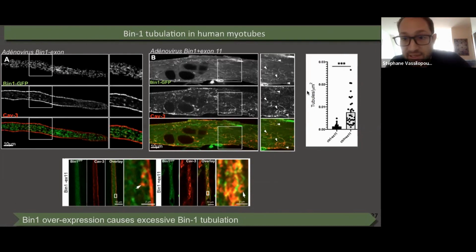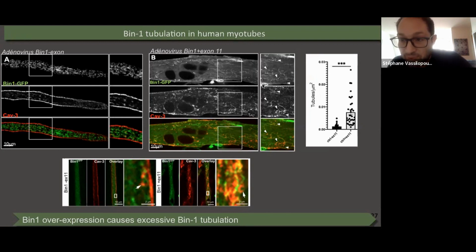And what you see here, and what we quantified later, is that the overexpression of amphiphysin 2 Bin1 without exon 11 is not forming any rings, while the one with exon 11 is forming these rings. What was really interesting was that both constructs were actually capable of forming rings, but this one is not capable of forming tubules, and this one is.